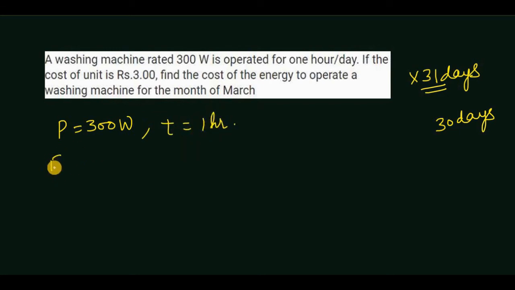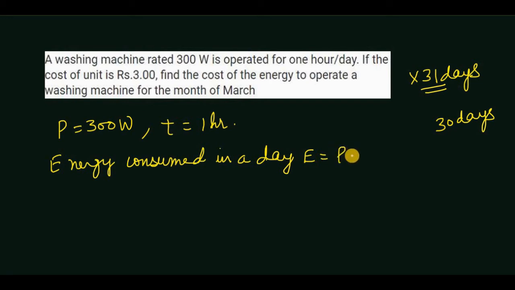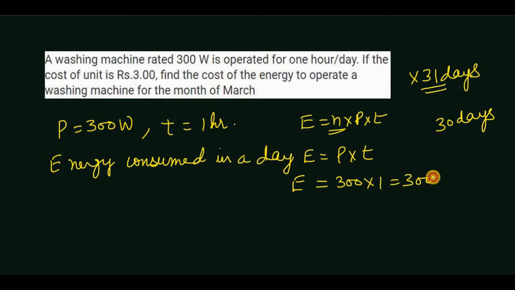So here we write energy consumed in a day. एक दिन में कितनी एनर्जी कंज्यूम होती है। Then the formula for energy consumed, E equals N into P into T, but here there is only one appliance, so we directly do E equals P into T. Energy consumed in a day is 300 into 1 equals 300 watt hour.